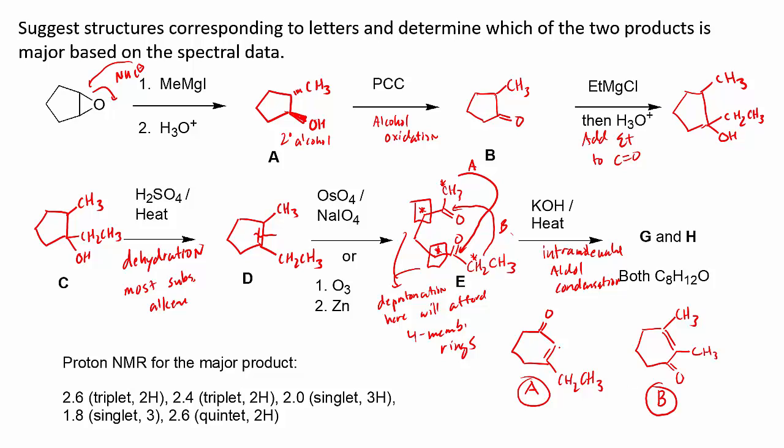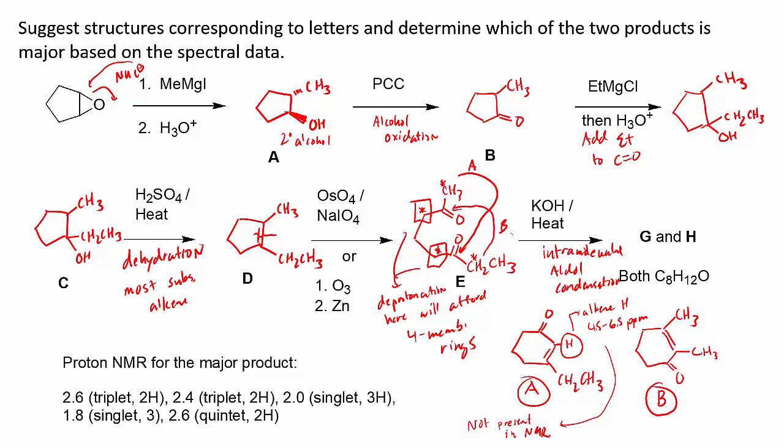It's actually pretty easy to identify these. This one has an alkene hydrogen. An alkene hydrogen ought to come at 4.5 to 6.5 ppm, but that's not present in the NMR at all.